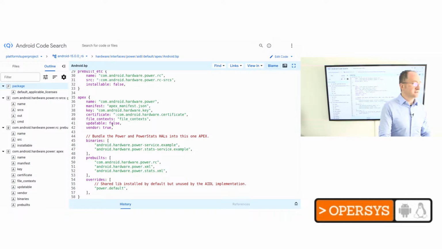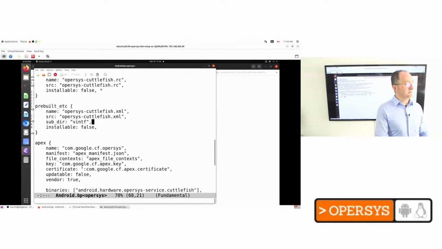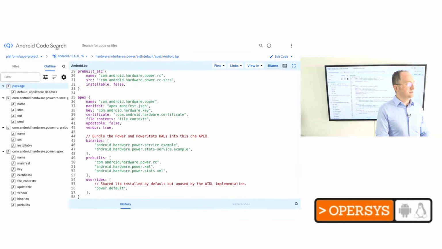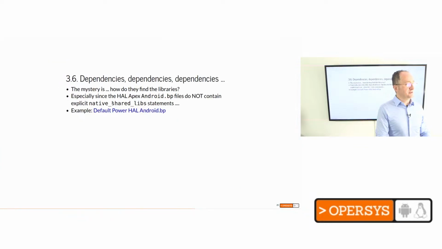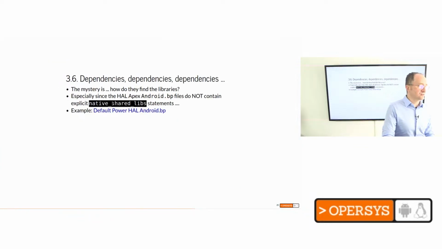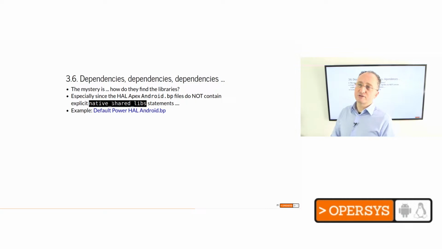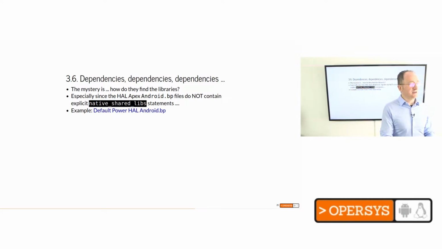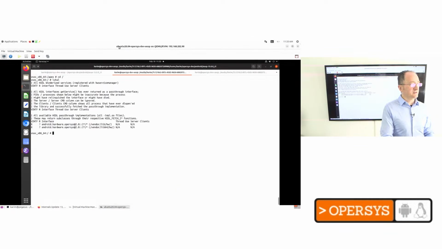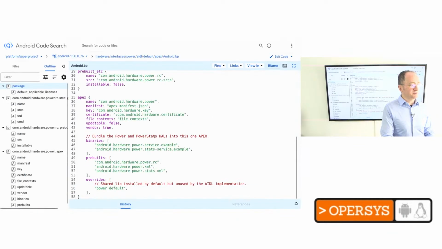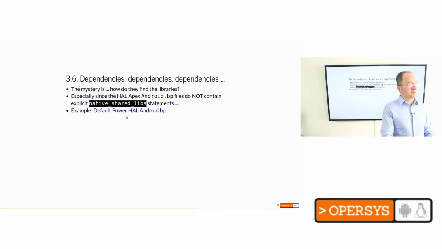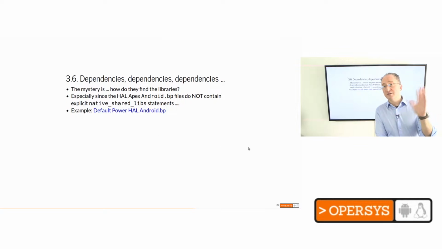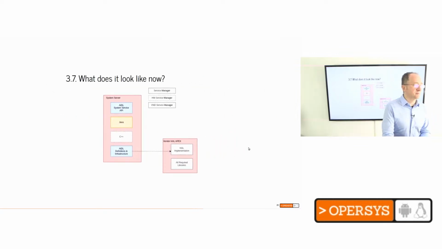It doesn't show anything that resembles native shared libs, which would be the statement saying these are the libraries, unless I'm missing something. Usually that's the statement you would put in an Apex saying I need those libraries in my Apex, and we're not having that in this BP file. So what gives?